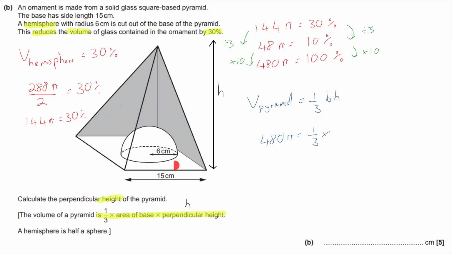The base is going to be 15 times 15, which is 225, times the vertical height.